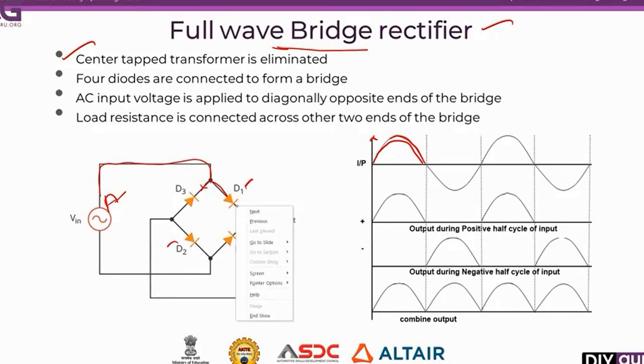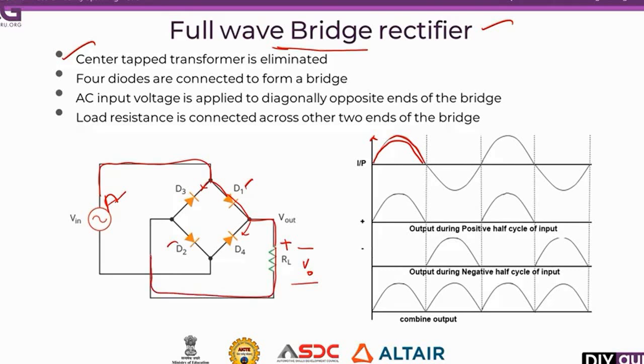So this diode D1 conducts, so again it cannot flow in this direction, so current flows through the positive of the load. Whatever voltage is applied here will be coming across this load, so current will flow in this direction. It cannot go in this way because it will directly short circuit.